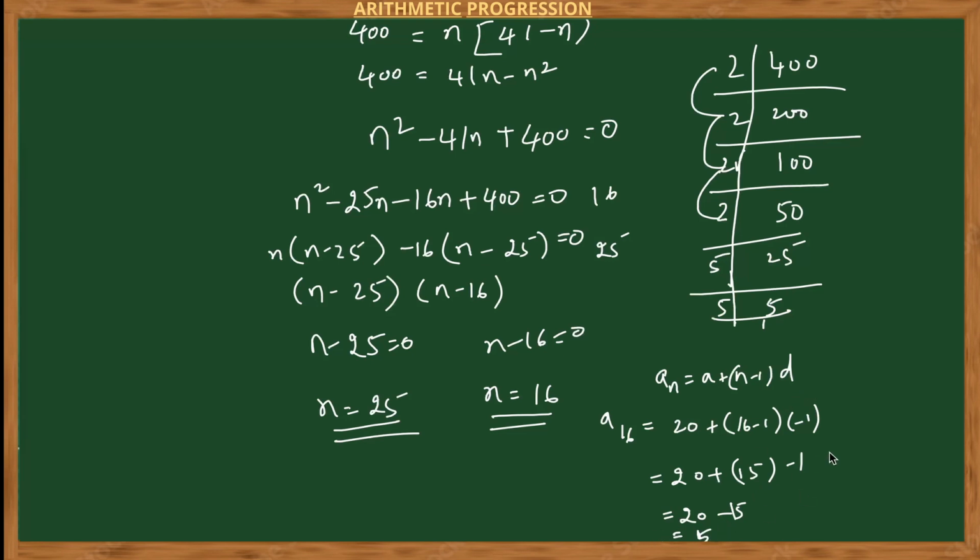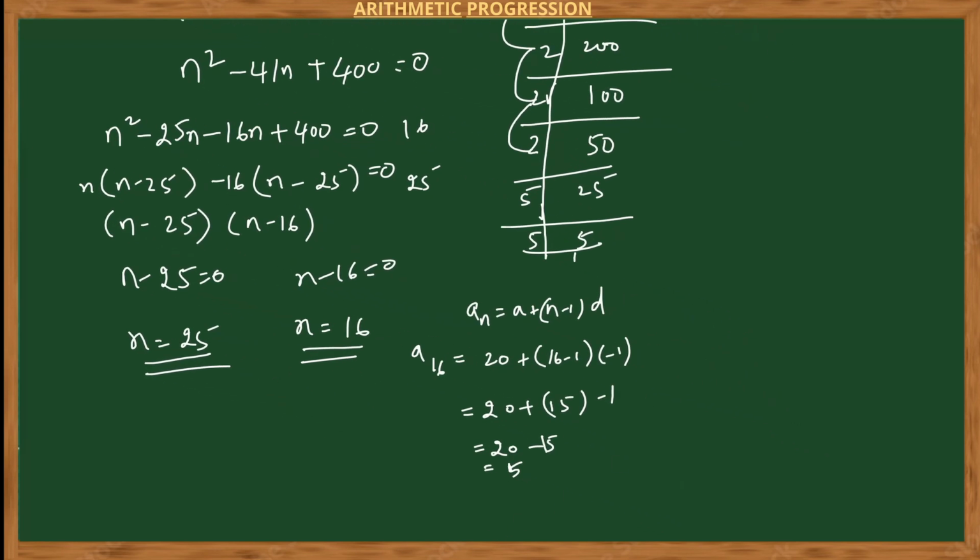Let's bring it up here. So a of 16 we have is 5. Now let's find a of 25 by replacing here: 20 plus (25 minus 1) into minus 1.